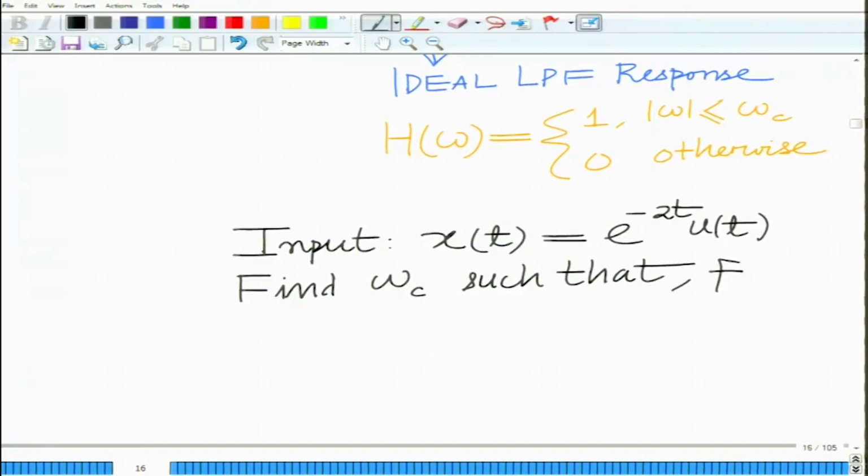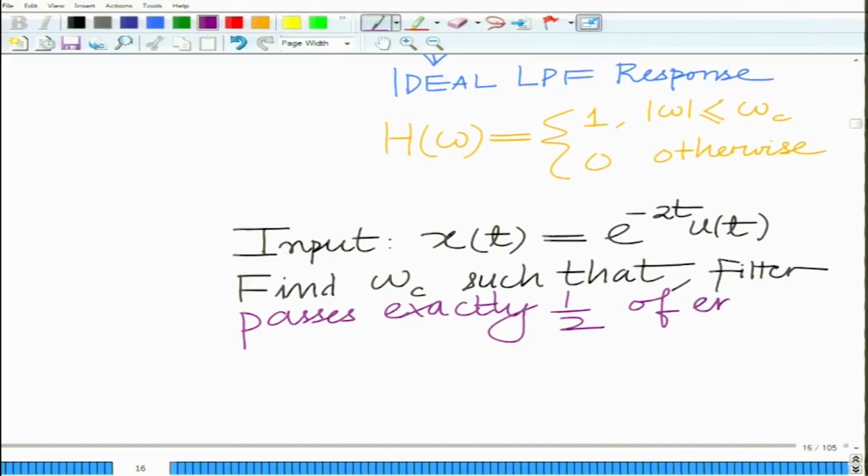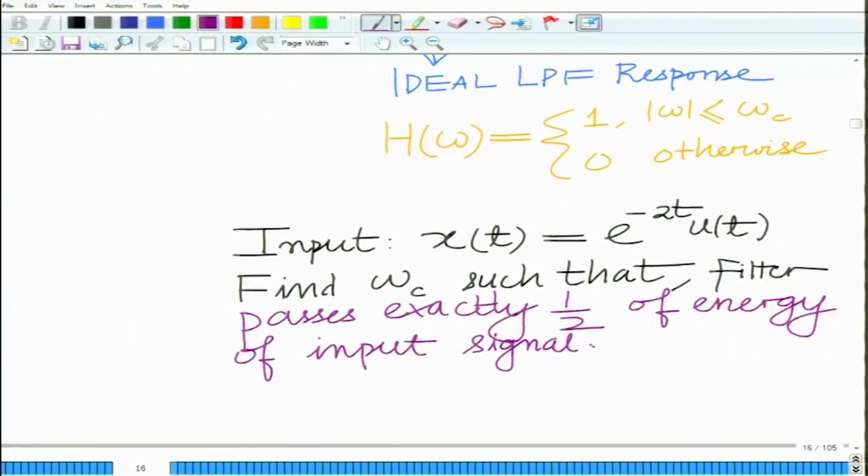the filter passes exactly half of the energy of the given input signal.